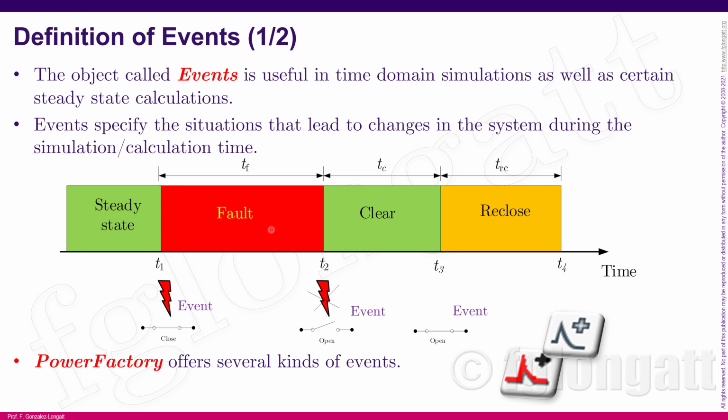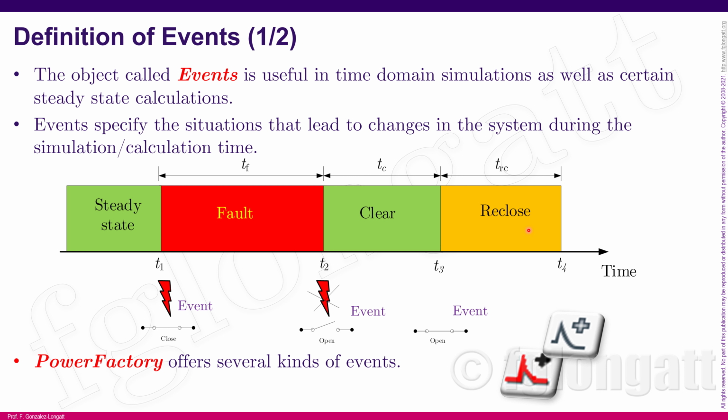To be honest, these kinds of events can be simulated inside Power Factory in many ways. There are different types of events that you can use inside Power Factory, but you can also combine several events. That means that you can include an event called short circuit, then one that clears the short circuit, then we can reclose the circuit breaker, and so on.